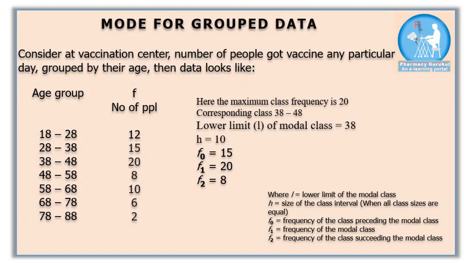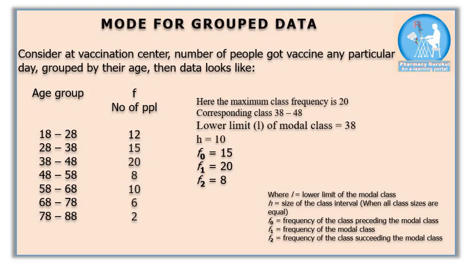The class with the highest frequency is known as the modal class. Here the modal class equal to 38 to 48. The corresponding frequency of this class is 20, that is the highest.